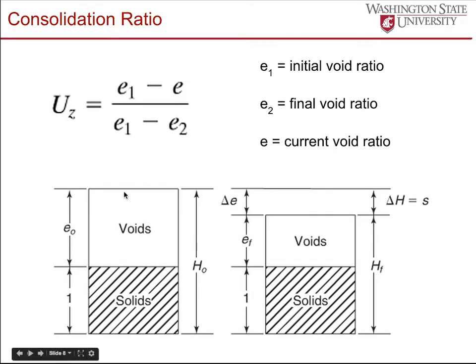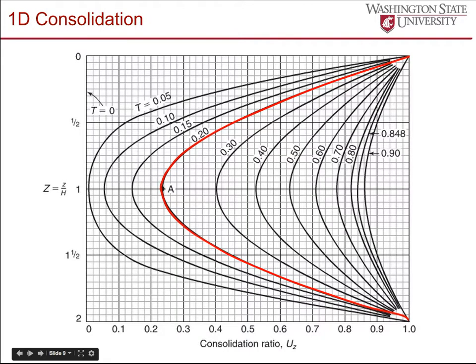Just as with consolidation, if we put a stress up here on the voids, over time that water will leak out and there will be less water in there, and so a lower amount of voids. So we're decreasing the void ratio, and the consolidation ratio is basically asking how far along that process we are, how much of the way we've gone to the final condition that we will reach. So that is the void ratio.